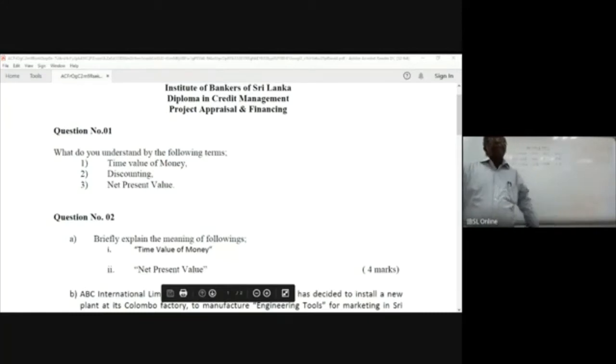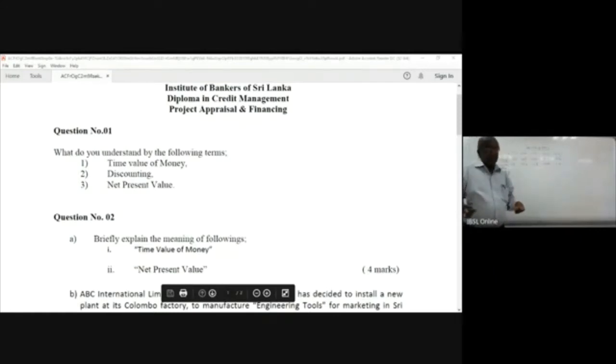This may be due to inflation, or various other economic factors. Now the next question. We have seen the meaning or the definition of time value of money. Now we see why it is important for us. We are bankers.